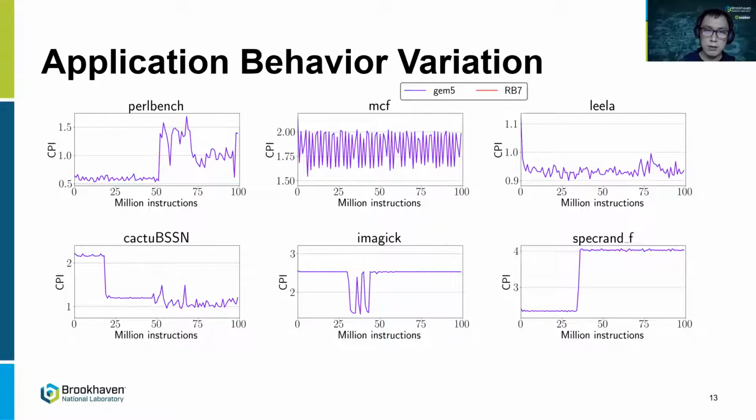In the end, we also evaluate application behavior variation under SimNet. These figures show how the CPI changes over time during the simulation of 100 million instructions under Gem5. We can clearly see different applications have different execution phases.